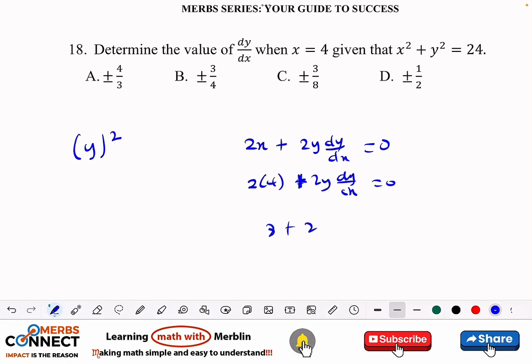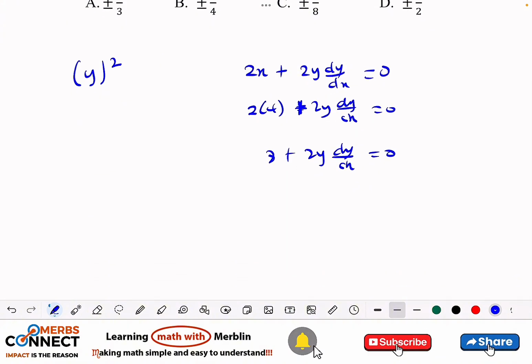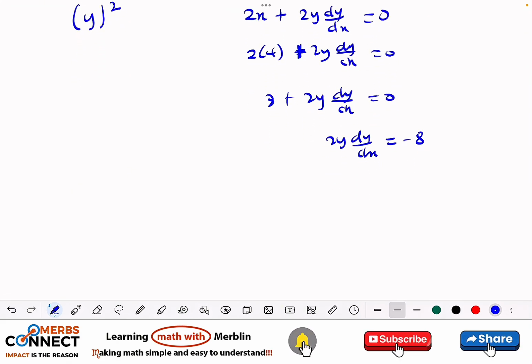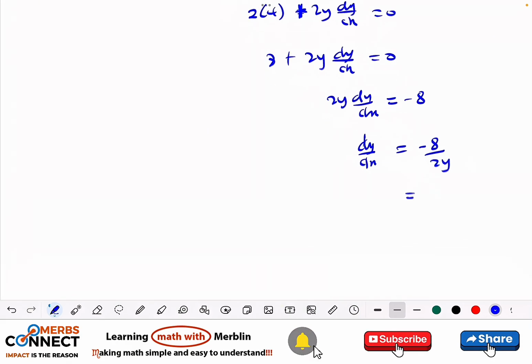So 8 plus 2y dy over dx is equal to 0. So what am I going to get from here? 2y dy over dx is equal to minus 8. Divide through by 2y, and dy over dx is going to be minus 8 divided by 2y. And this should be minus 4 divided by y.